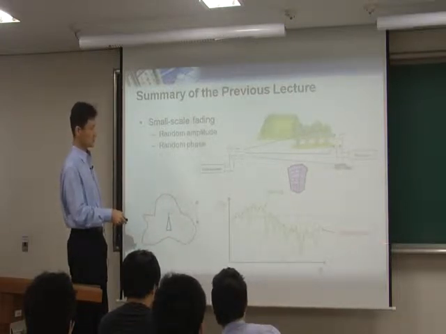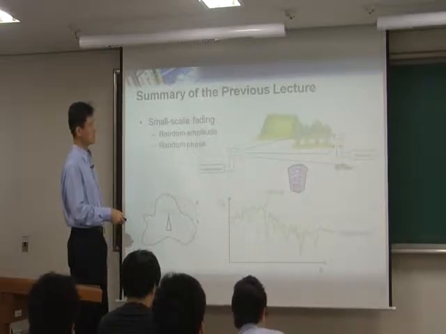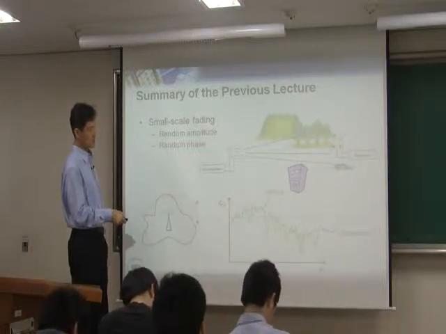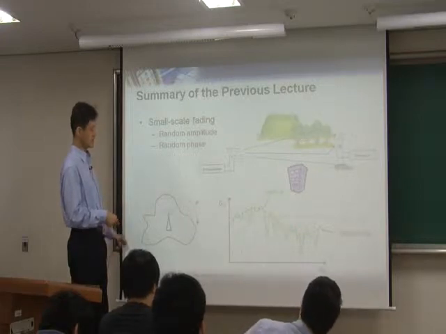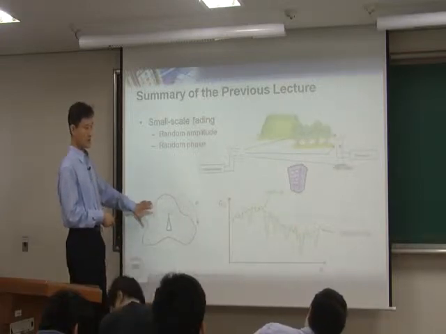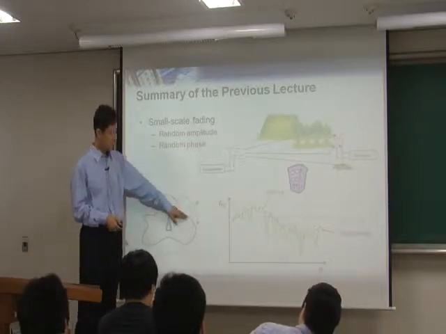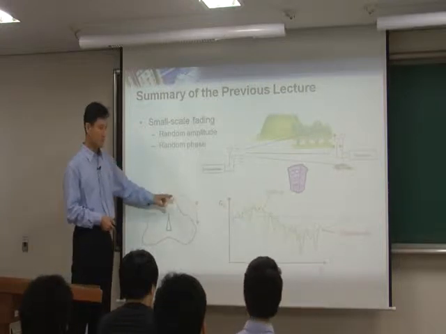Because of the shadowing, remember the shadowing was a mid-scale fading? So medium scale fading, called shadowing, we have some up and down, some fluctuation over time and over angle. Okay, so this is just one snapshot, in other words, one instantaneous snapshot of the received power surface.